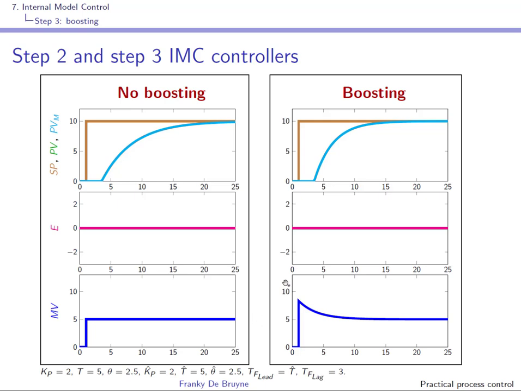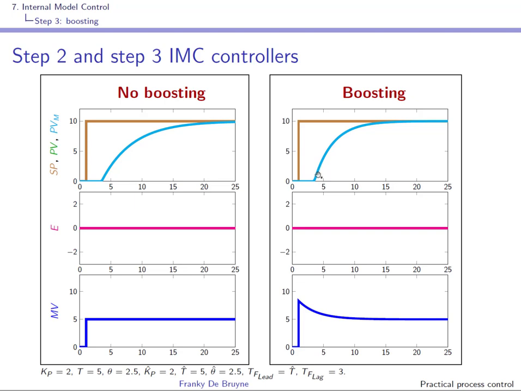But here what we do is use a lead time constant that will compensate the time constant of the process. And we take a lag time constant in the filter that is smaller than the time constant in the model or the process, because here the model is exact. This will of course boost the response, and this is clearly seen on MV here, but you can see that both the output of the model and the process, since the model is exact, is accelerated.